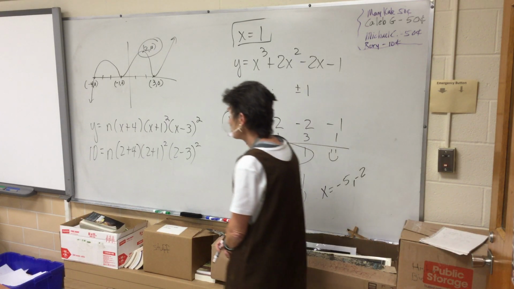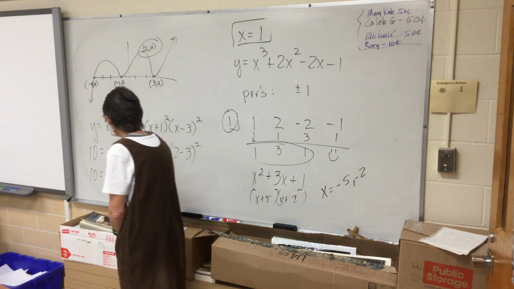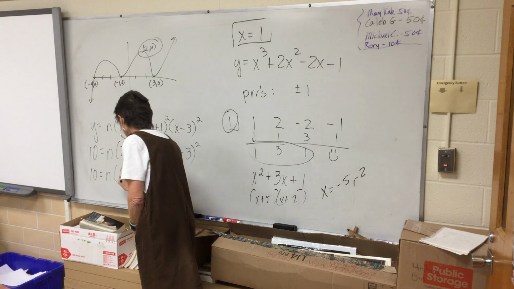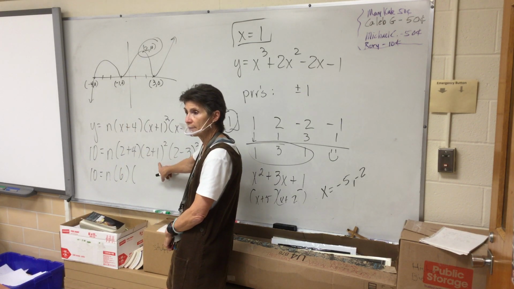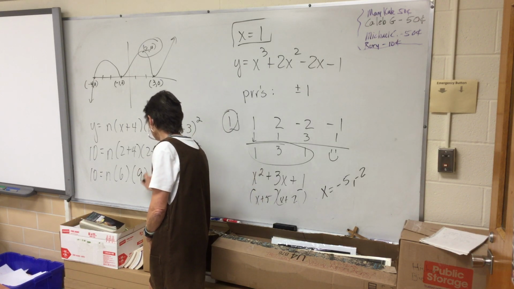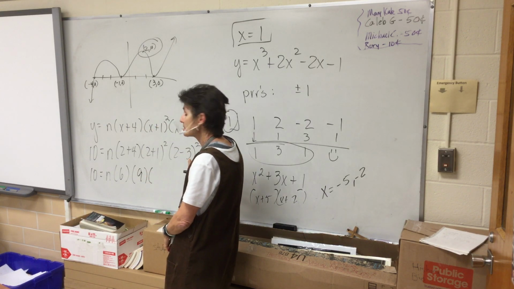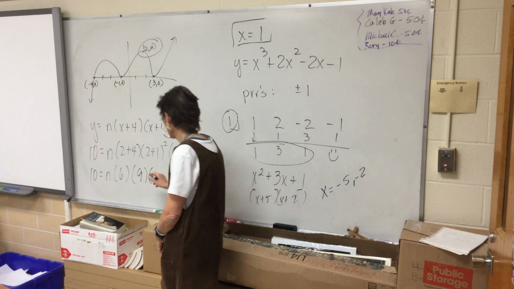And now I'm going to do the arithmetic. So 2 plus 4 is 6. Watch this one. 2 plus 1 is 3, but squared is 9. 2 minus 3 is negative 1, but squared is 1.